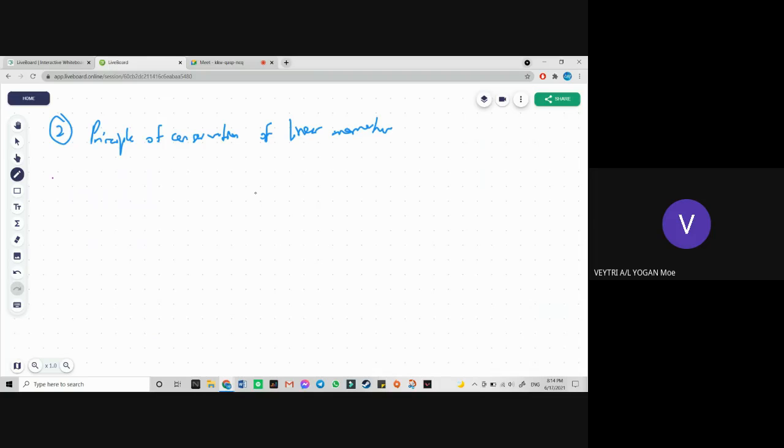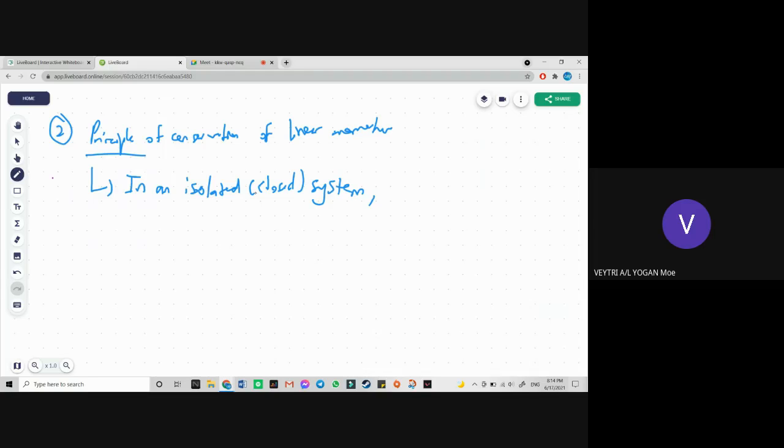Number one, you got to know what does this principle state. Kena tahu apa principle ni cakap. Principle ni cakap in an isolated, okay, atau close, in bracket close, okay. In an isolated or in brackets closed system, isolated system, the word is very important, okay. Tiada perkataan tu, no marks.